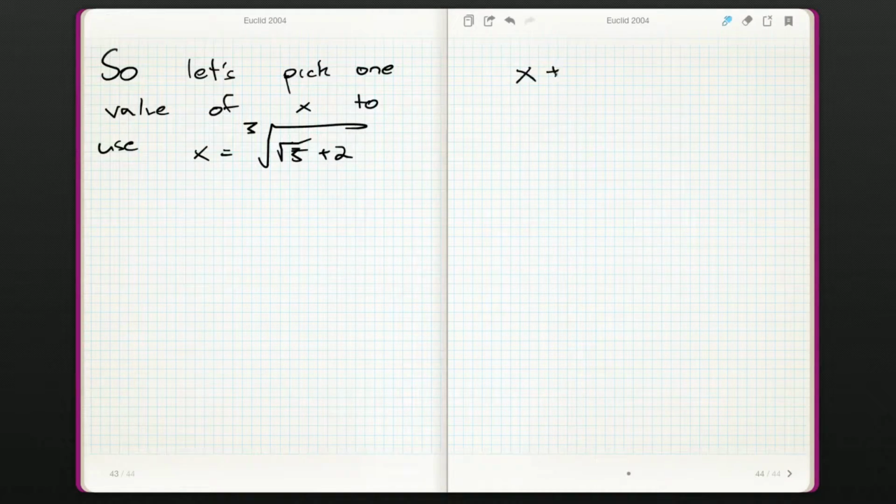So let's say x plus 1 over x is, I don't know, some value d. x squared minus dx plus 1 is equal to 0. Okay.